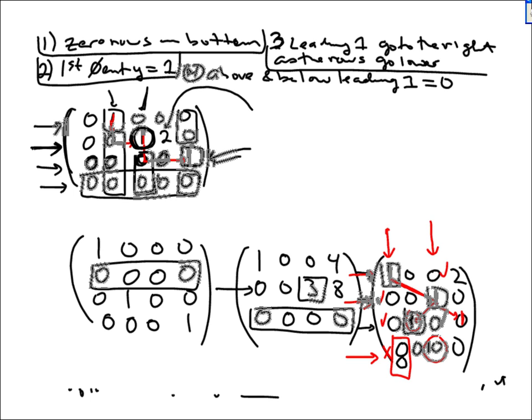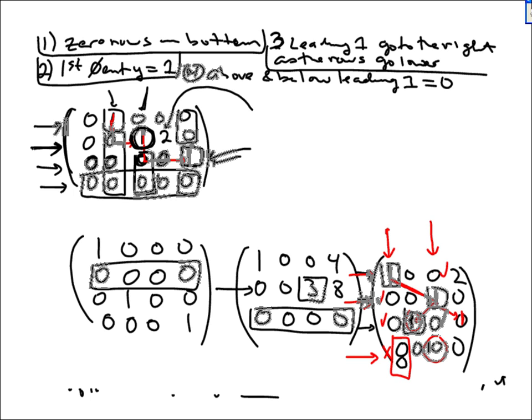Suppose we have this matrix. It passes condition 1, and the number here is a 0. It passes condition 1. At the bottom, we do have a row of zeros, 2 rows, and they're on the bottom. So it passes condition 1.